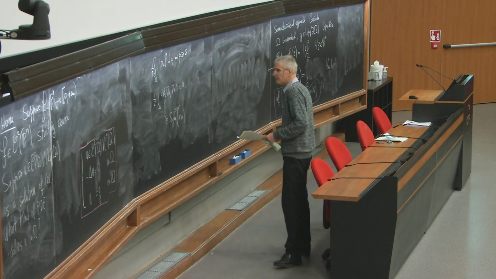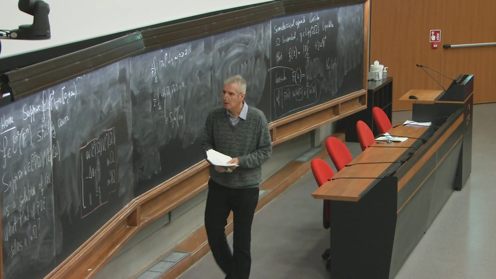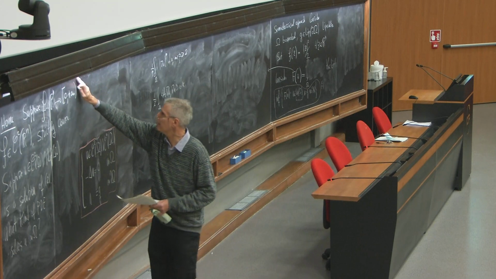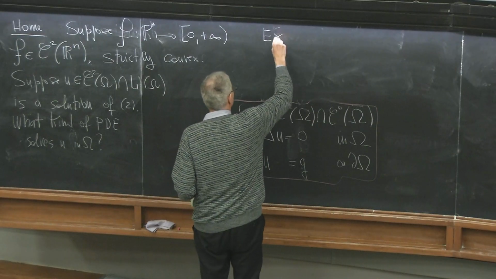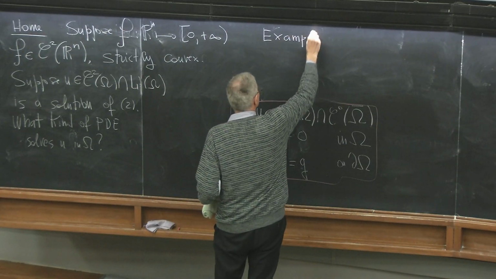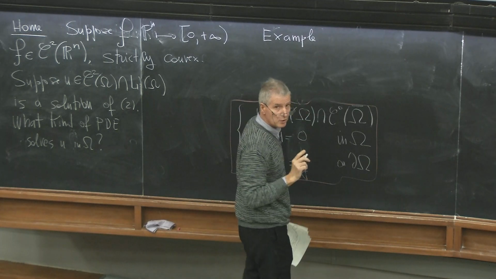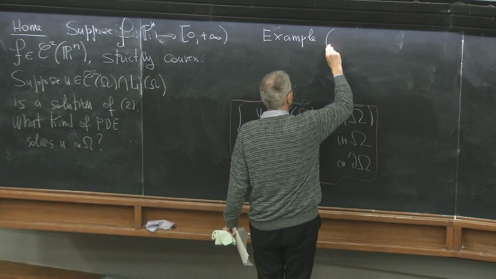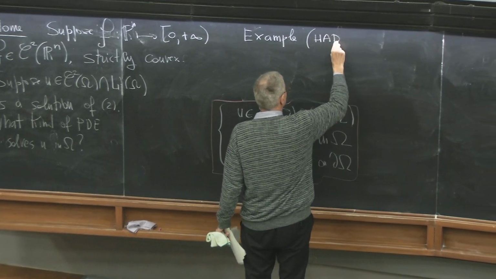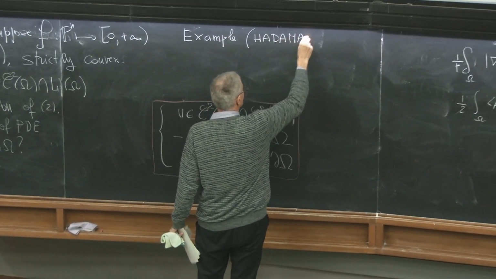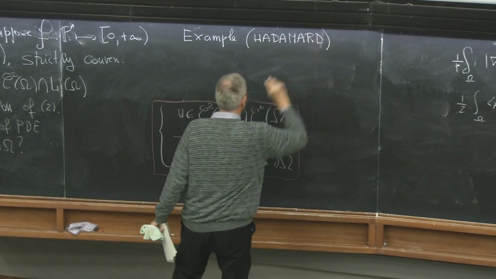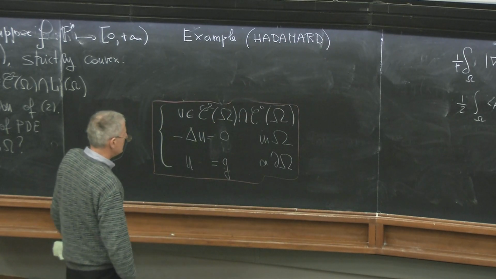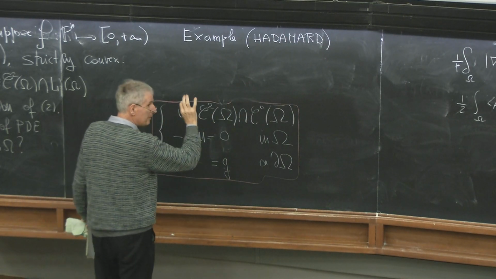But I want to consider the following example. I think it's an old example. In order to answer your interesting question, let me try to say a couple of words on this example here.